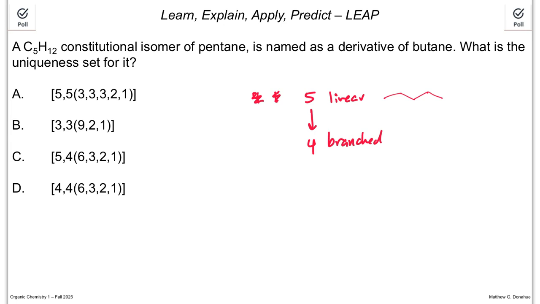So I'll start the drawing here. We have the 5-carbon pentane. Now we have to start with 4 carbons, and we have 1 more to deal with. That last one can never go on the end because you're just going back up 1 level. So it's got to go internal. So we'll shove it right there. So this is a butane derivative. And what do you think the uniqueness set is?